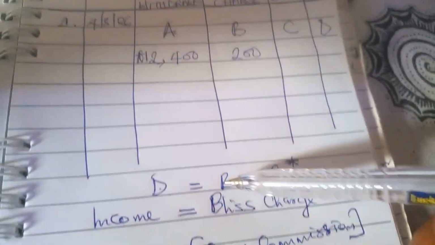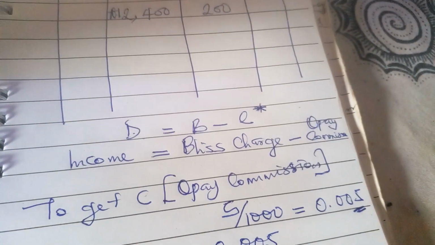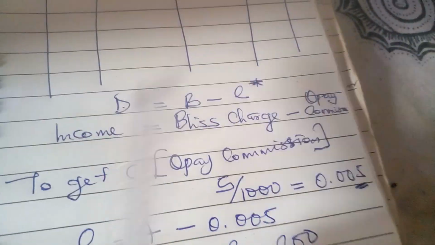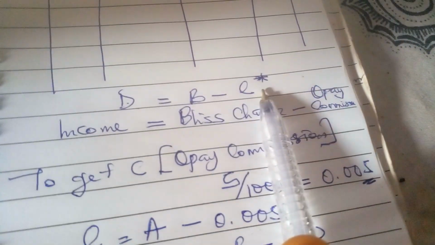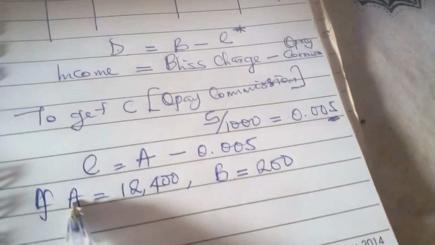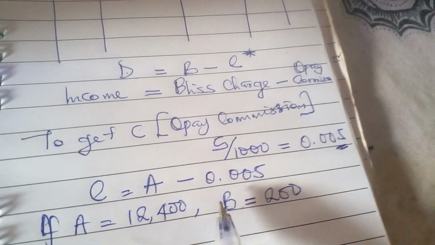Now, D is B minus C. Are you seeing it? B minus C, but there is no C here. D is B minus C, but there is no C here. Okay, what we are giving is just A and B. So how do you find C?